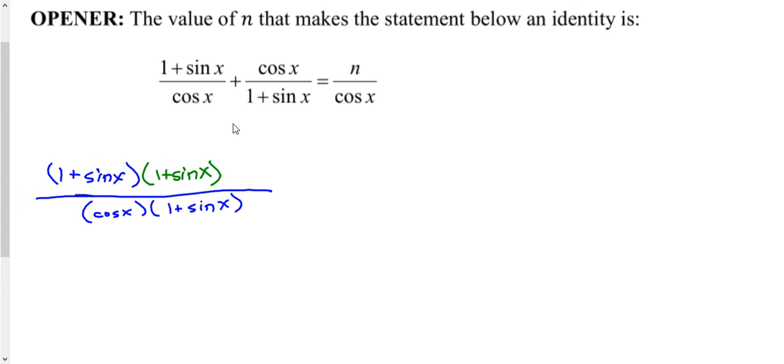We had an addition sign in the middle, so it goes right here still, and we have our original cos x, and this is going to be multiplied by the other denominator, which is this bottom cos x here. I want to multiply this out to clean this up.